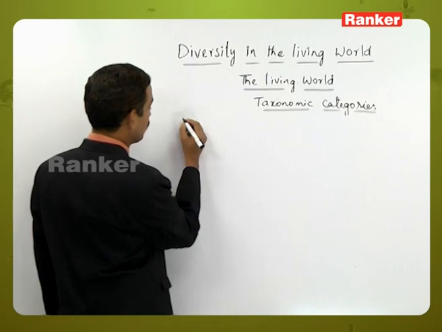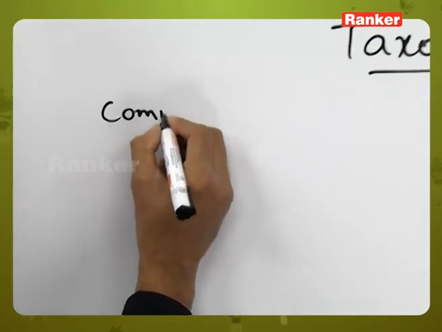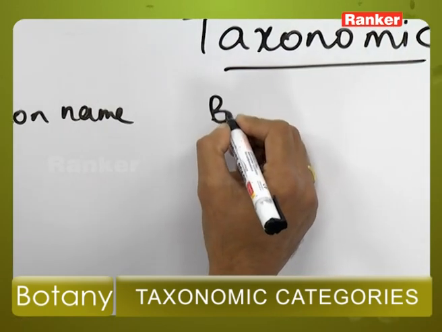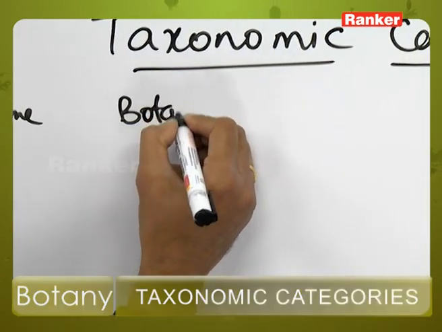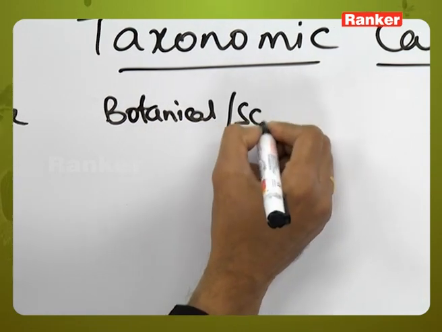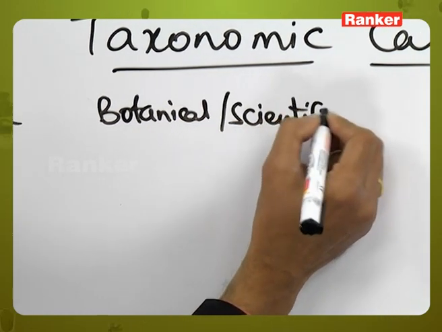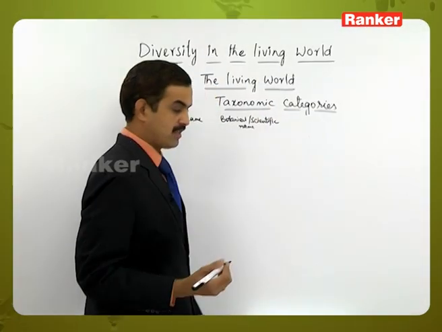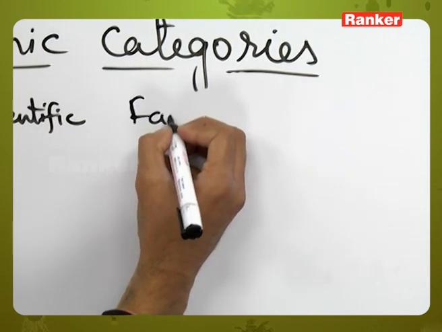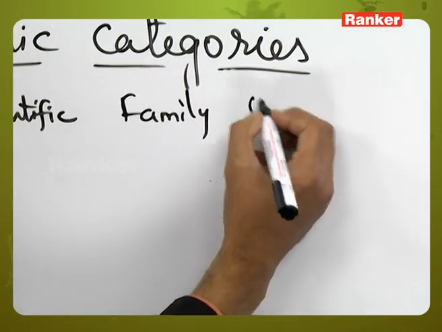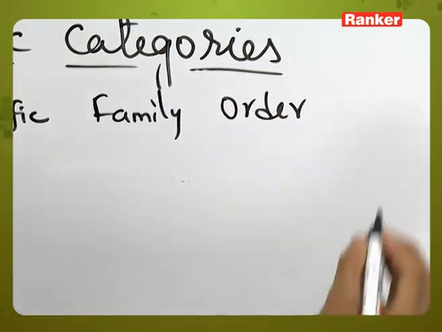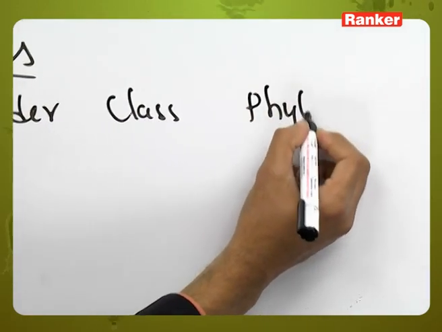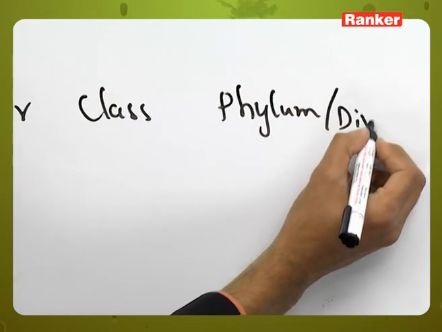Let us take the common name first, then the botanical name, or if it is an animal, the zoological name, that is the scientific name. Related to this, to which family does it belong, then order, class, and the phylum or the division.